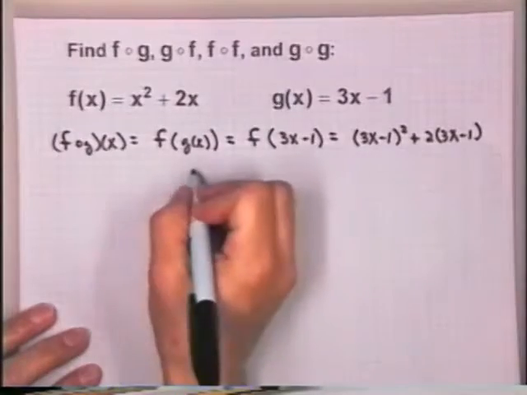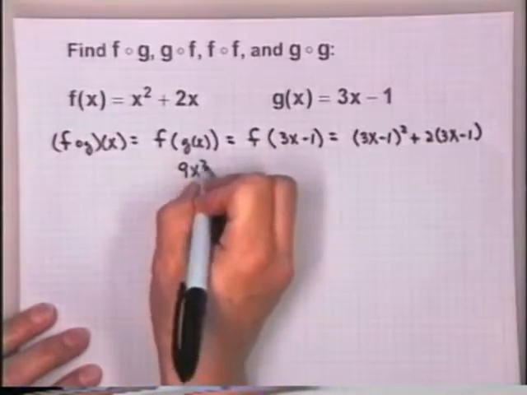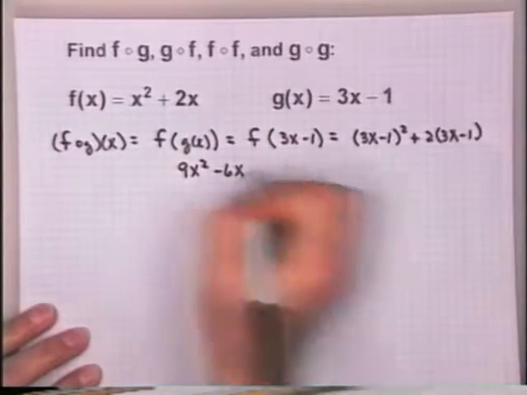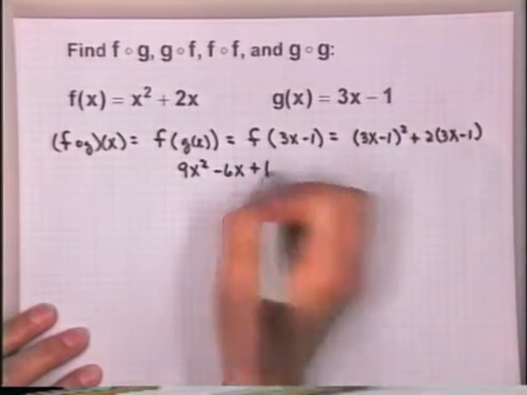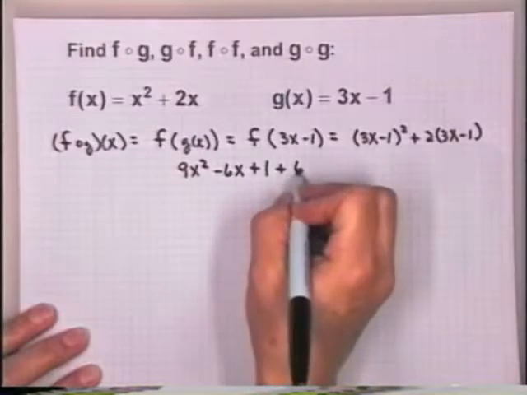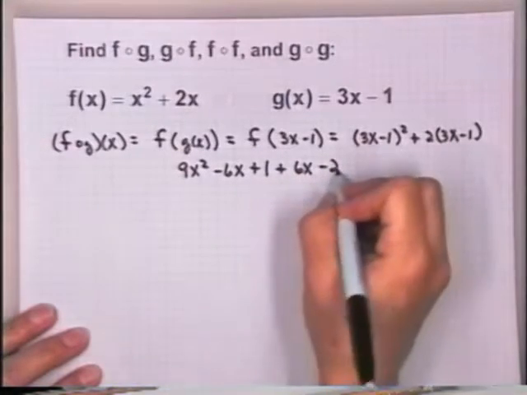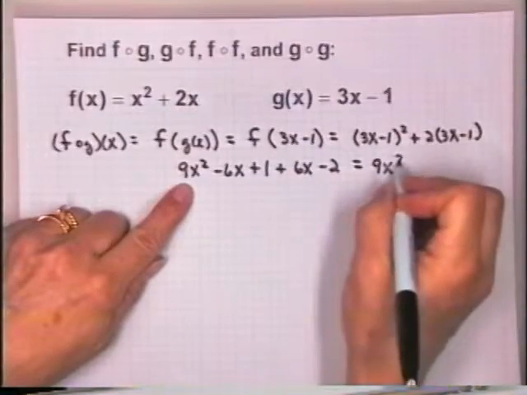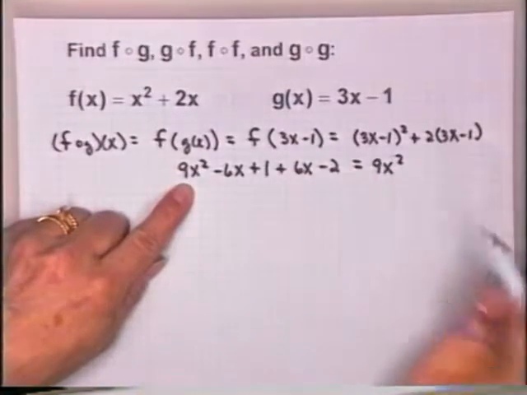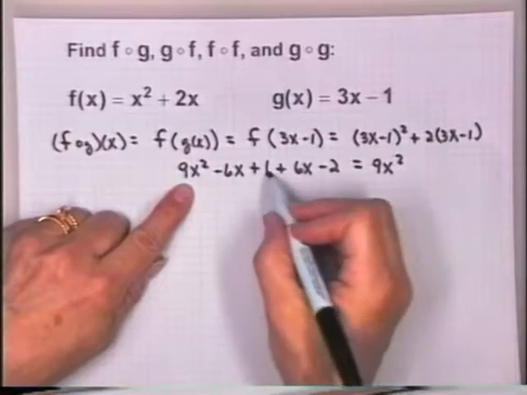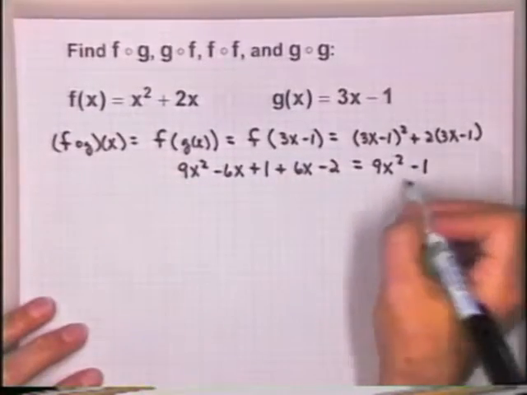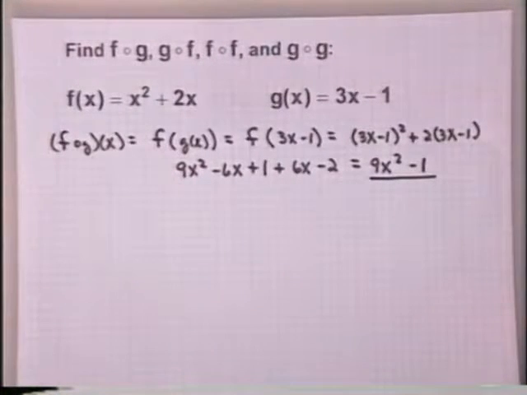If I square this binomial, I have 9x squared minus 6x plus 1. And distributing, I have plus 6x minus 2. Combining like terms, 9x squared; notice the minus 6x and plus 6x drop out. 1 minus 2 is negative 1. So f circle g of x gives us 9x squared minus 1.